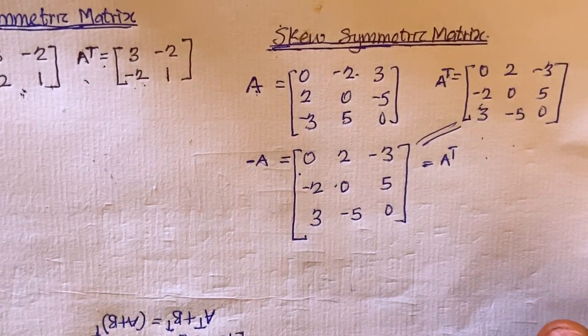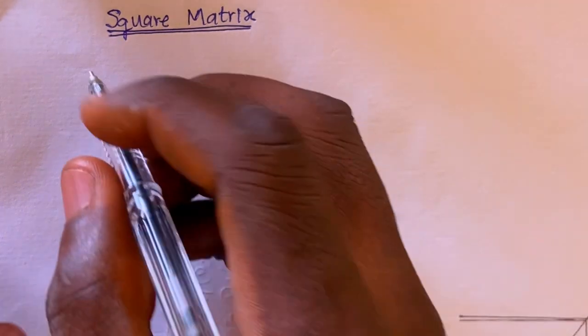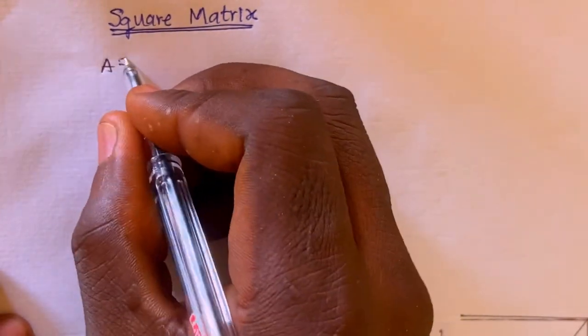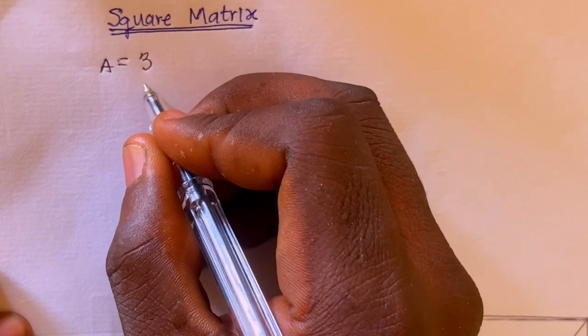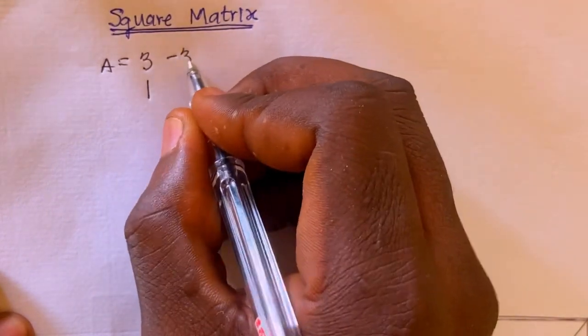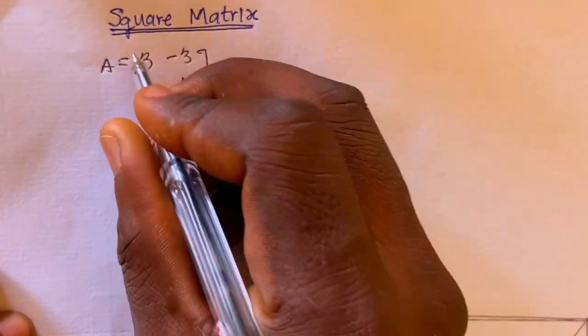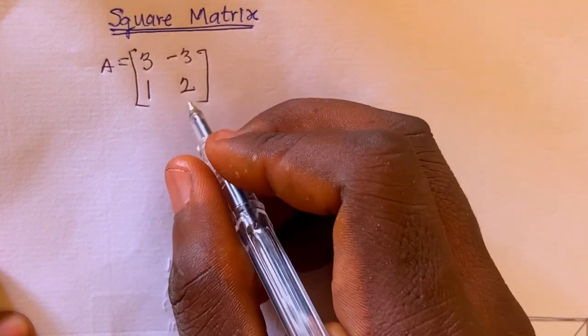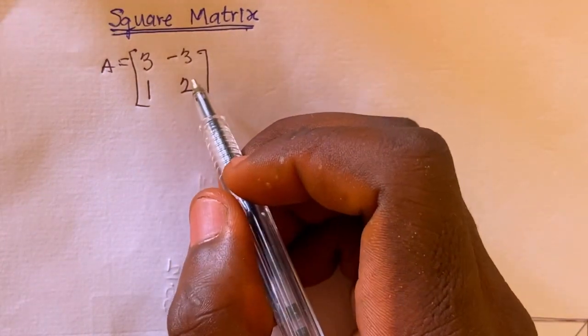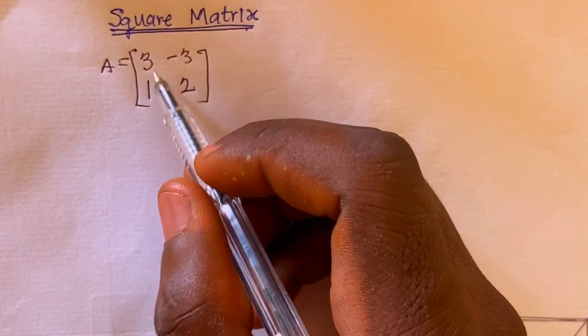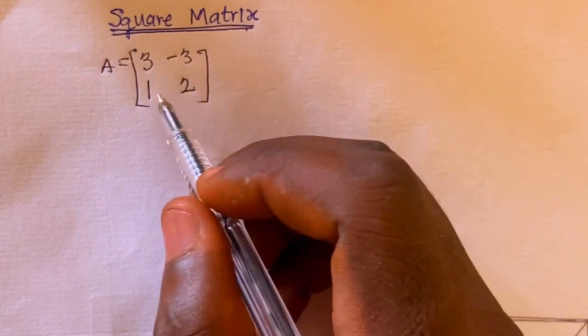Now let's move to the next aspect. A matrix with an equal number of rows and columns is called a square matrix. Let's say we are given matrix A to be 3, 1, -3, and 2. This matrix is said to be a square matrix if it has the same number of rows and columns.